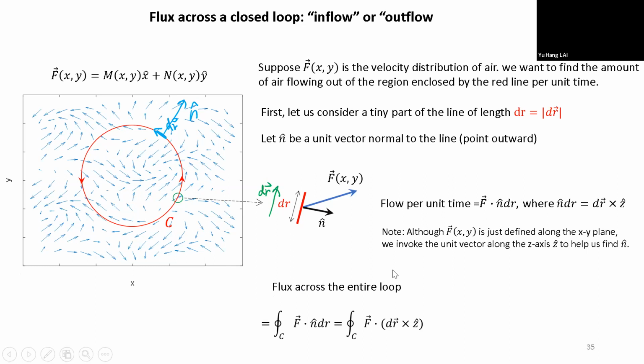I should mention that when you learn about electric field, you consider the flux through a surface, not usually through a line, but we will talk about that later. So this flux across this entire loop is this integral, and I just told you that this n dr can be written as this dr cross z.